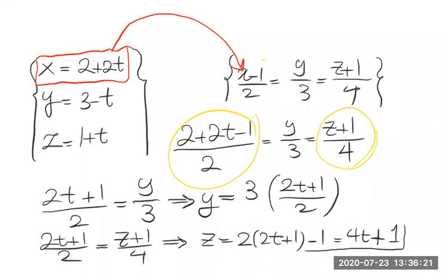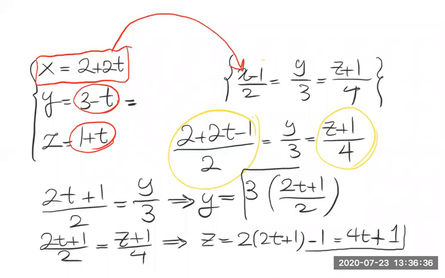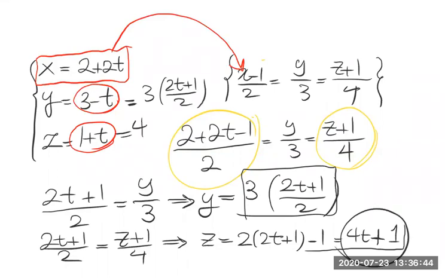Now, note that we have a value for y and z already here, 3 minus t and 1 plus t. And now we found new values for y and z. We found y should be 3 times 2t plus 1 over 2, and z should be 4t plus 1. These things give us equations. We love equations actually in math.